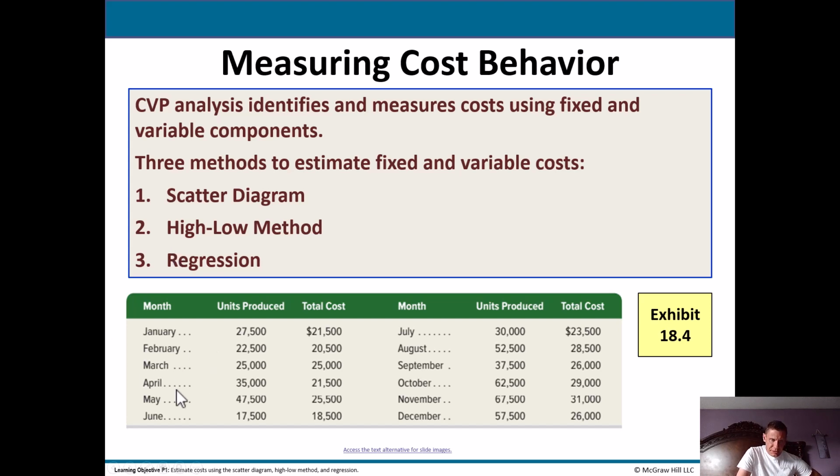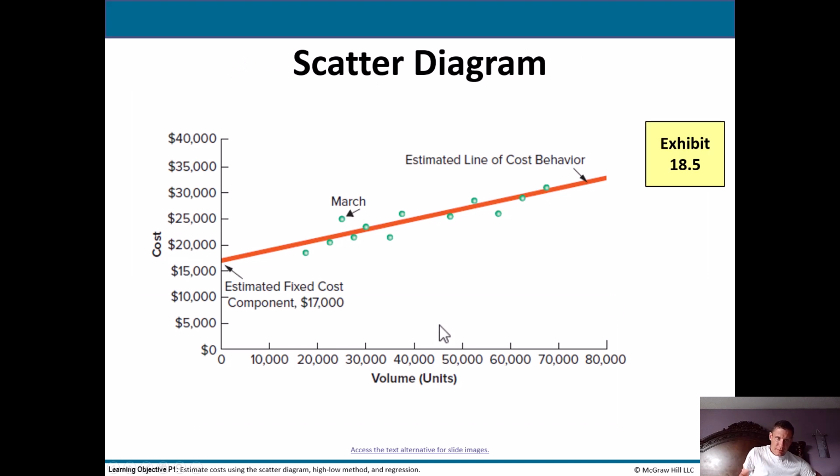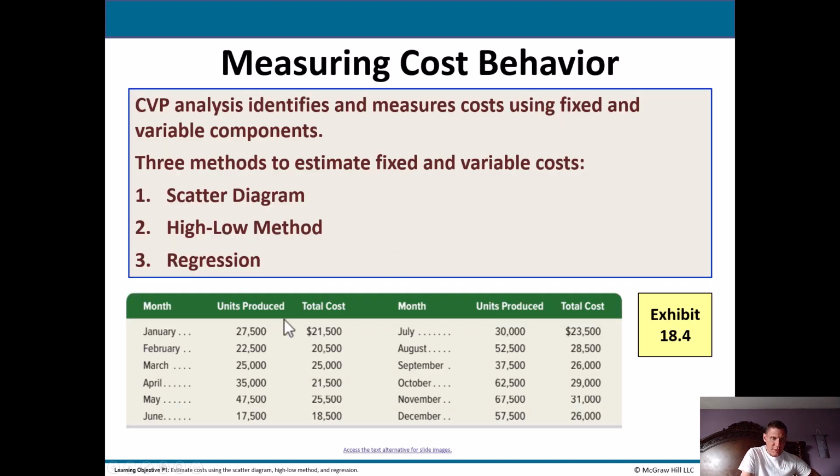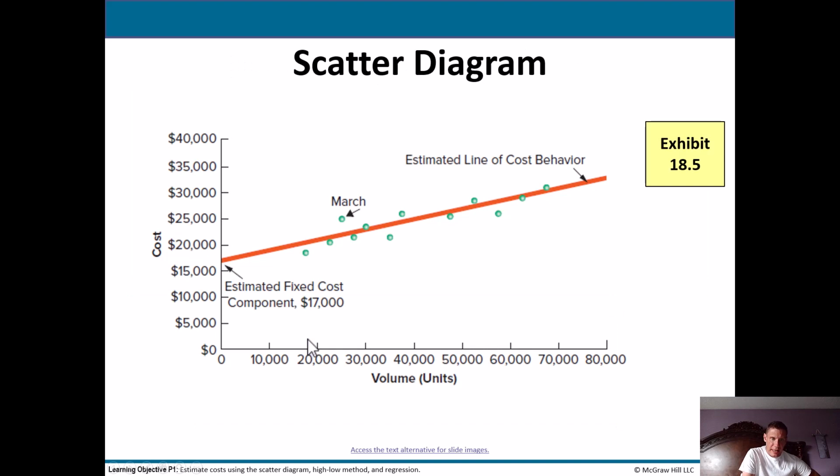So below this table here we have all the months of the year, right? We have units produced, and then we have the total cost. So keep that in mind, because we're going to need some of that information in order to determine these three types of forecasting tools, if you will. So the first one is a scatter diagram. All they've done for the scatter diagram, all these green points you see, they're just plotting these, like January 27.5, 21.5.